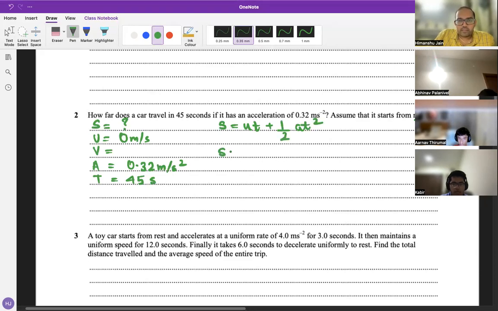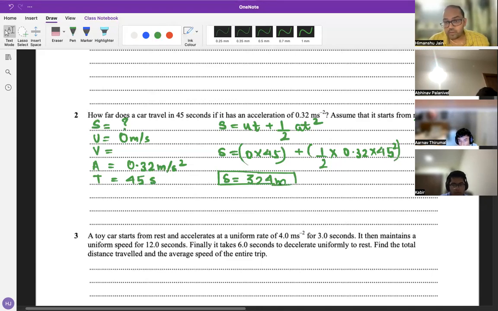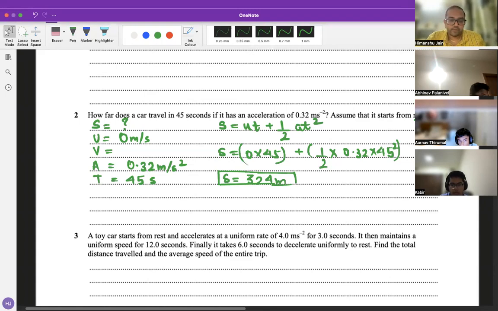So s is equal to 0 into 45 plus half into 0.32 into 45 squared. And from here you will get around 324 meters as your answer. Let me calculate it quickly: 45 times 45 times 0.32. Yeah, that's right, 324 meters.